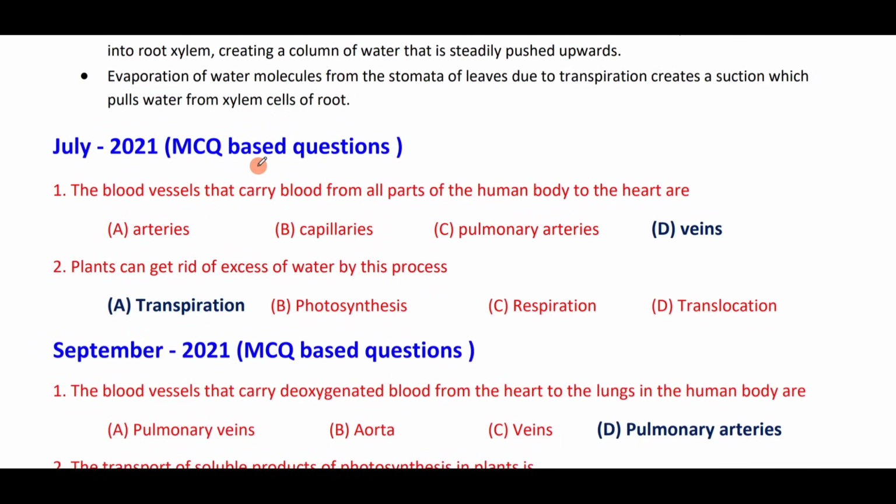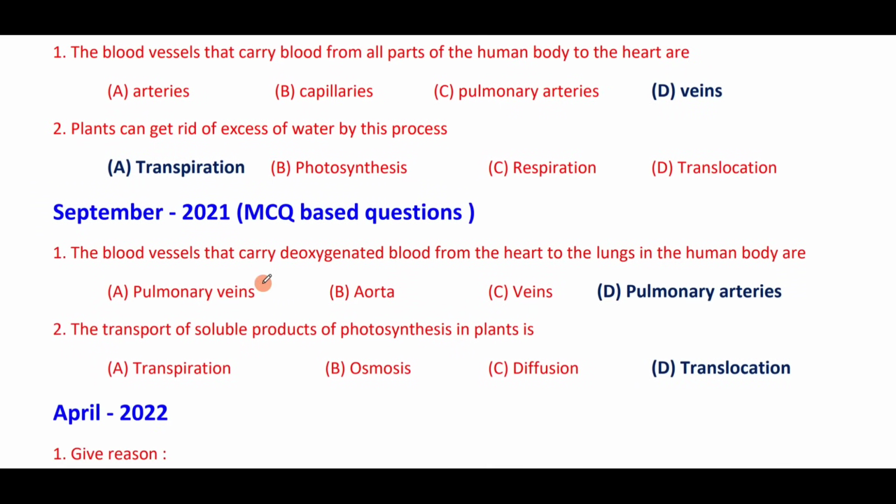Next, the blood vessels that carry blood from all the parts of the human body to the heart are veins. Plants get rid of excess water by the process of transpiration. Next question.